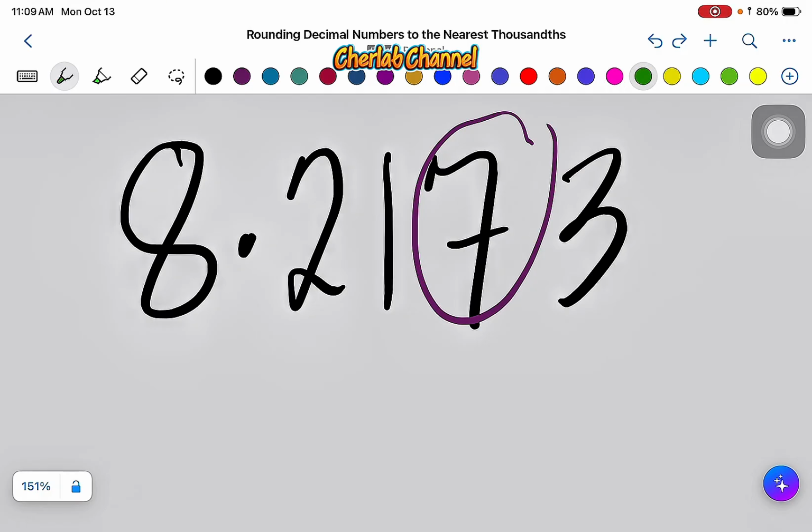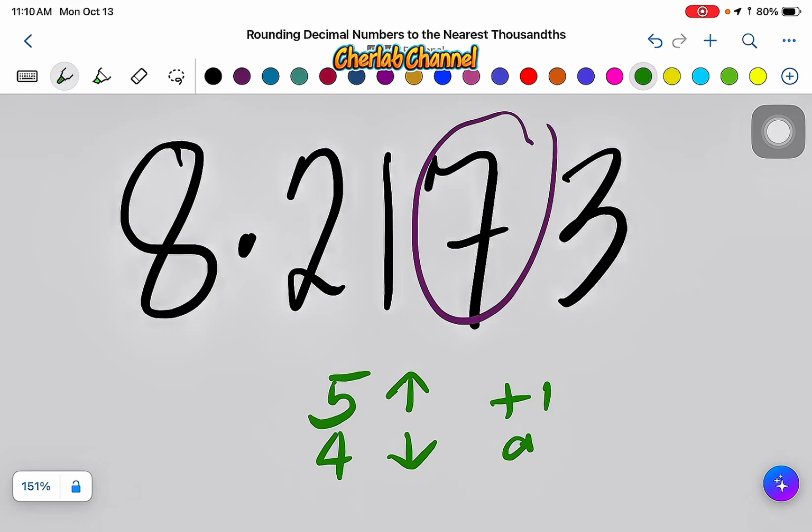So according to the rule, kapag ang katabi or kapitbahay ay 5 pataas, 5, 6, 7, 8, 9, we will add plus 1. But if 4 pababa hanggang kay 0, 4, 3, 2, 1, 0, that means the number is as is. We will not change. We will stay the number as is.